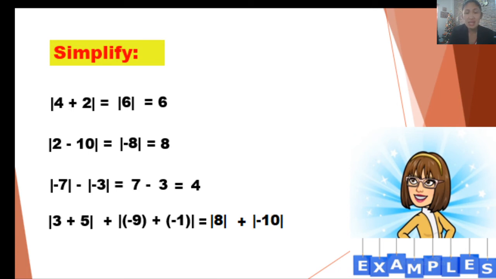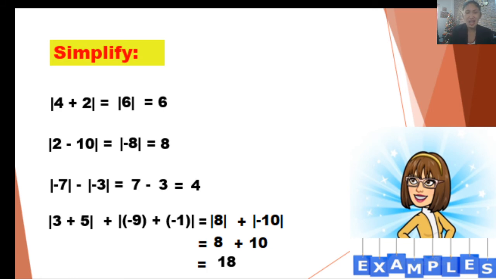That is negative 10. So we have the absolute value of negative 10. Now find their absolute values. The absolute value of 8 is 8, plus the absolute value of negative 10 is 10. Then find the sum now. 8 plus 10 is 18.